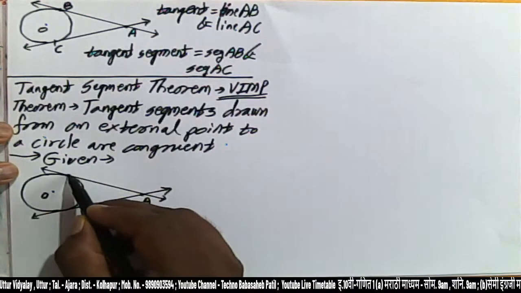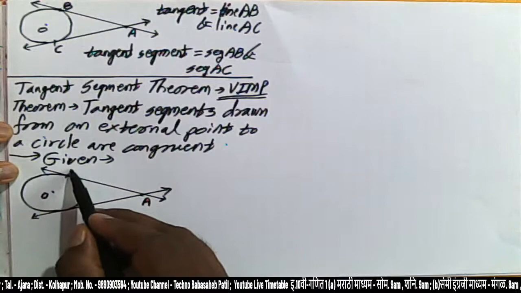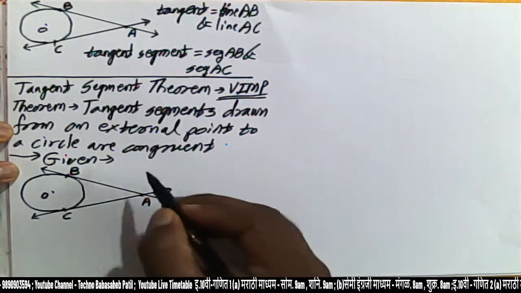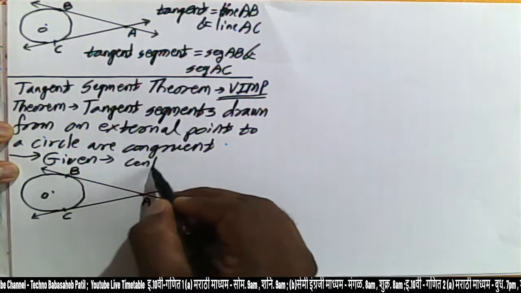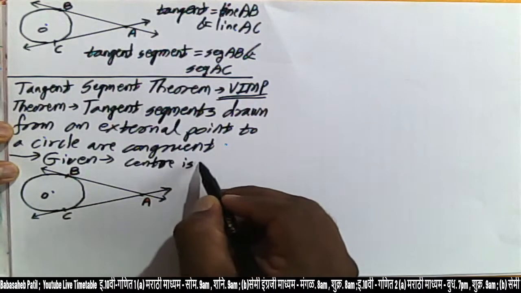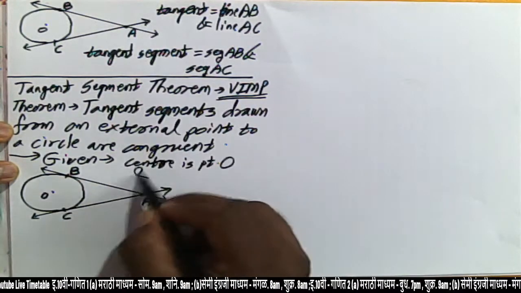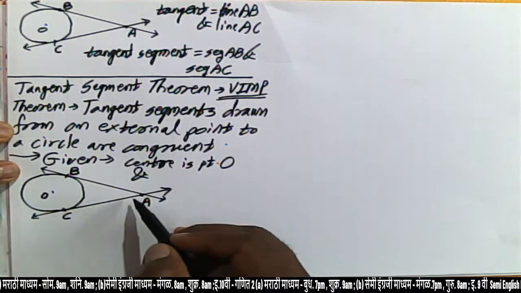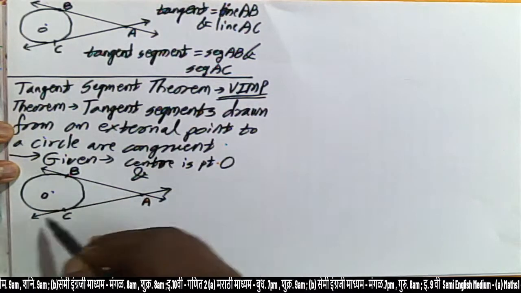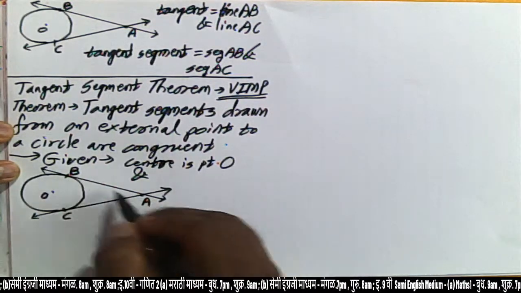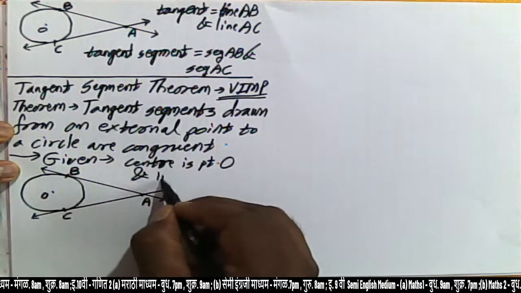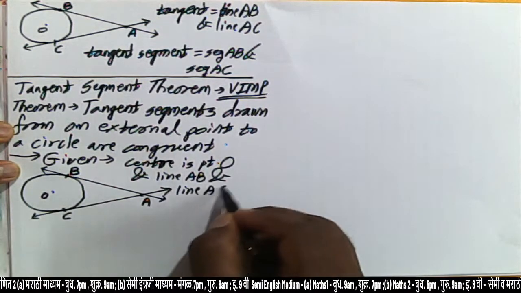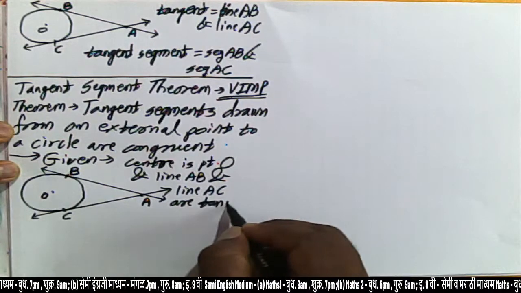The touching points are B and C. The center is point O. The tangents are line AB and line AC.